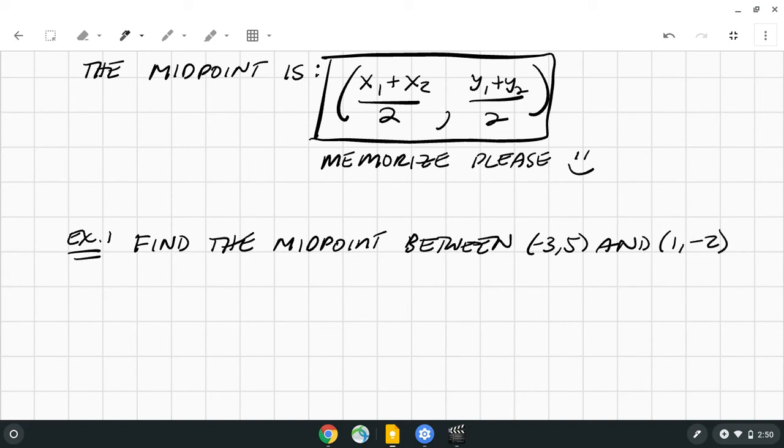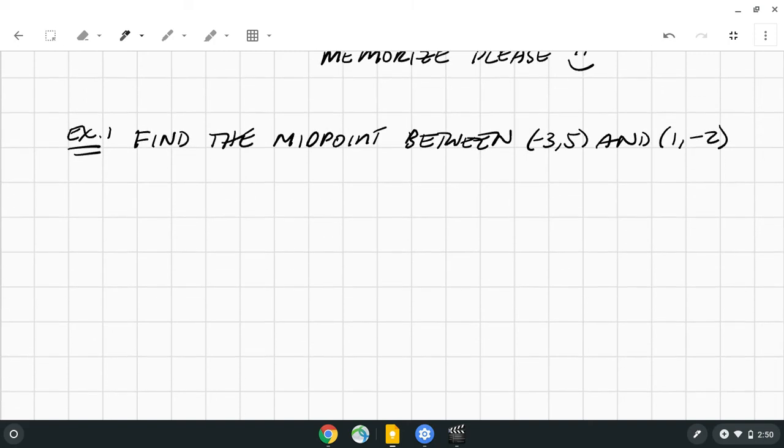Okay? All right, so let's go ahead and take a look. So we know that the midpoint is going to be at an x value and at a y value, because it is also a point, so we need an x value and a y value.